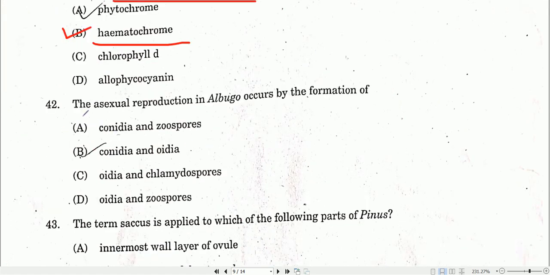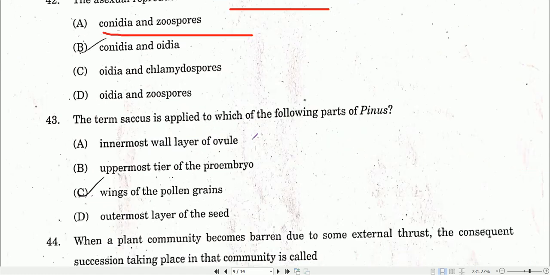Coming to question number 42. Asexual reproduction in Albugo occurs by the formation of conidia and zoospores. These are the asexual modes of reproduction in case of Albugo. Coming to question number 43, the term saccus is applied to which of the following parts of Pinus?